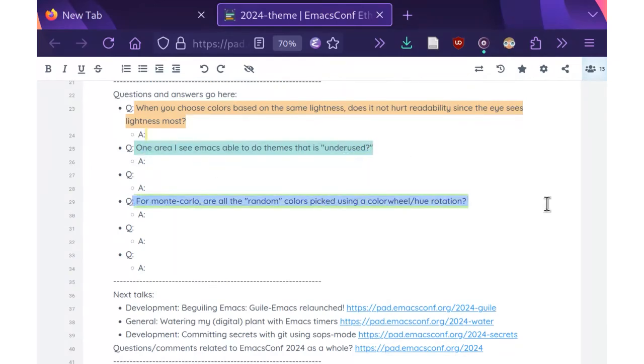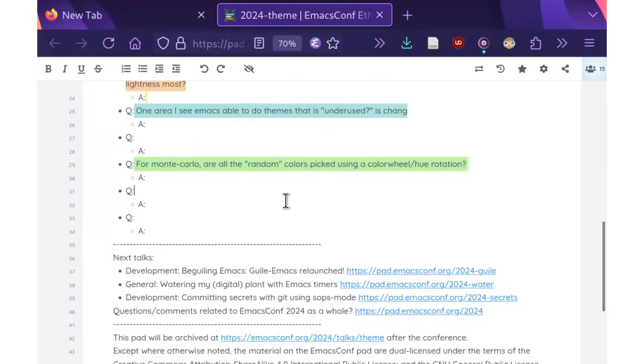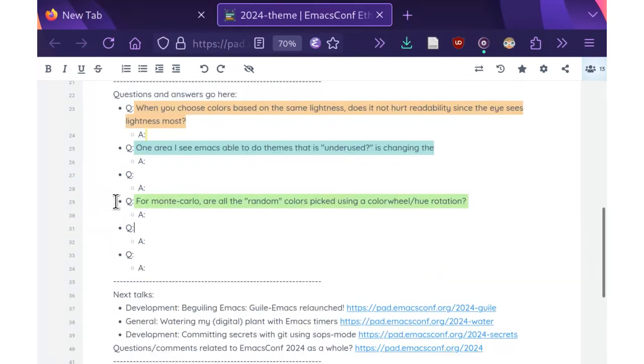For Monte Carlo, are all the random colors picked using a color wheel hue rotation? Yes. Basically what this theme does is it picks a saturation and lightness first. These are also random, but they are picked within some kind of range.